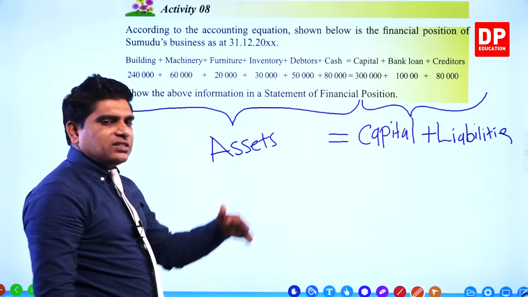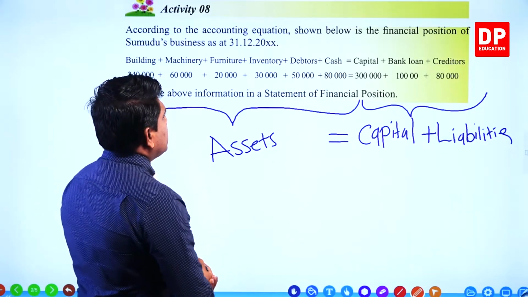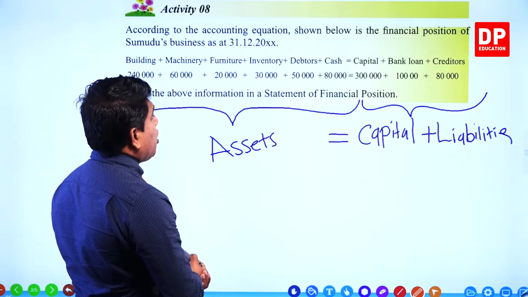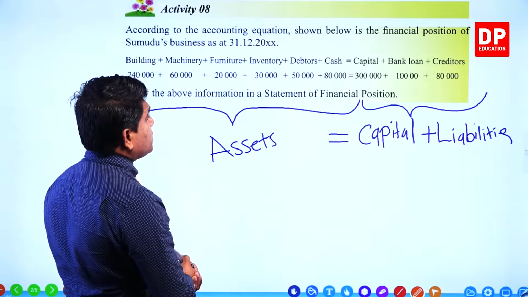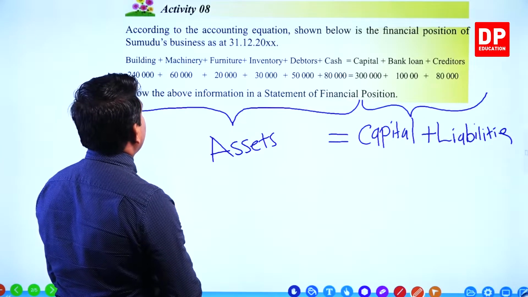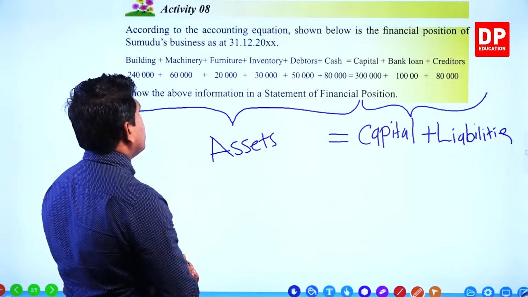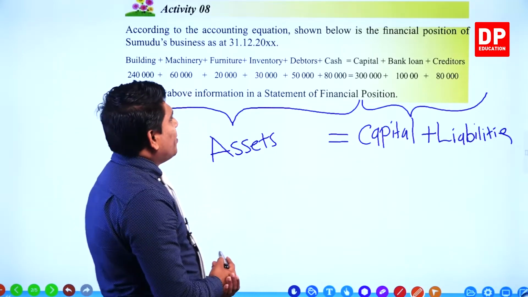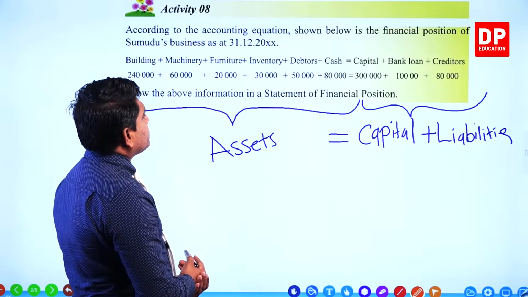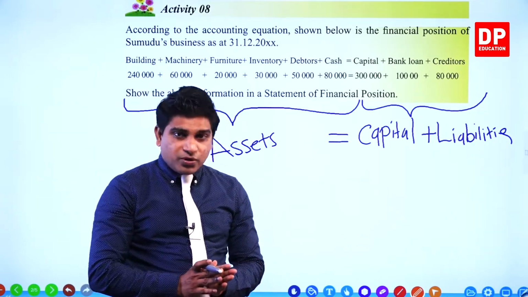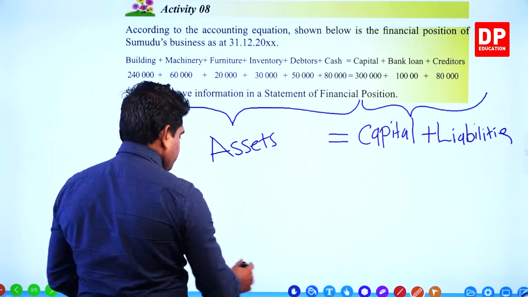Assets equal capital plus liabilities. Same thing. Right? Read the question again. According to the accounting equation, shown below is the financial position of Sumudhu's business as at 31st December 20 blah blah, right? 20 any year, right? Now using this detail we can prepare the statement of financial position, right? We'll see how to do.